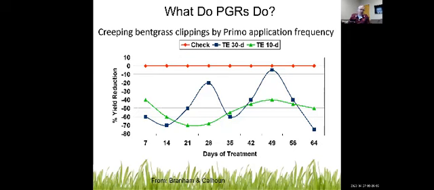Not to say that you can't use products like Primo to extend mowing frequency, because you can. It takes higher rates, and your overall quality is not going to be necessarily where you want, because you're going to have patches of turf that start to break earlier than others.